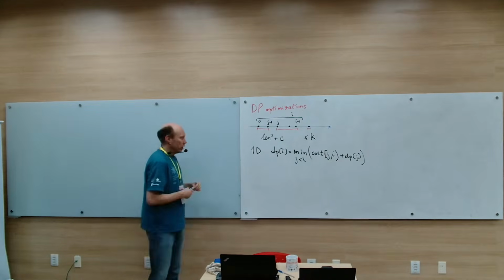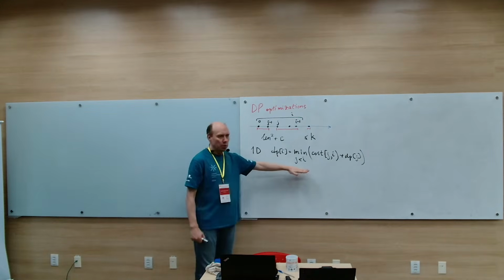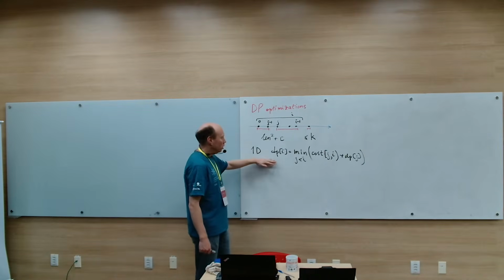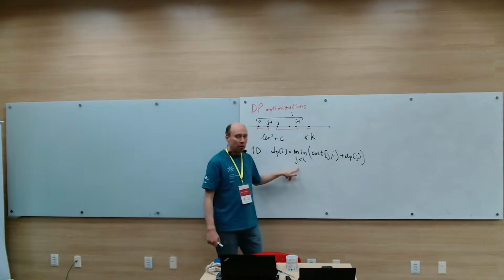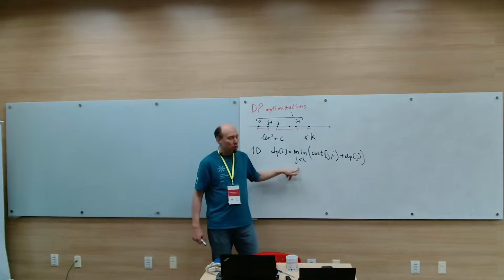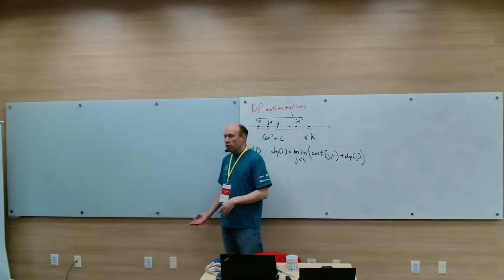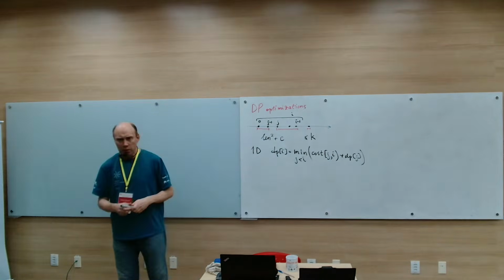So this is what I call backward dynamic programming, because you are referring to the previous values of dynamic programming, dp j. You can alternatively make forward dynamic programming.